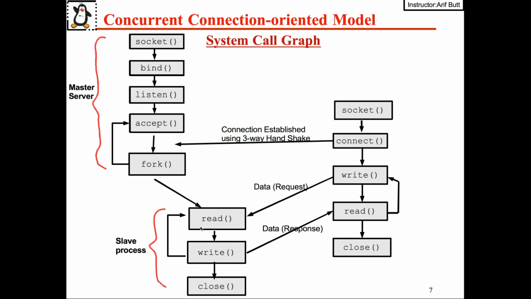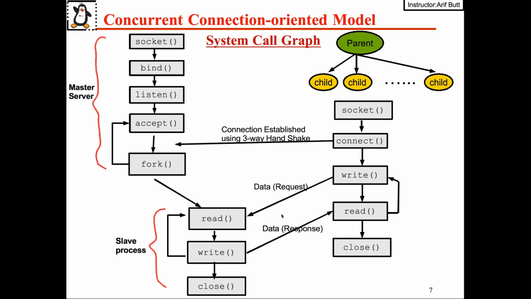So this is a slave process that deals with the client, and the server itself waits for the next incoming connection, and if a connection arrives, it again forks, creates a child process, and the child process deals with the client. So that means we are creating a fan of processes as discussed in our previous sessions.